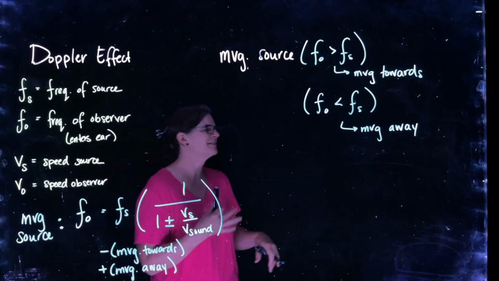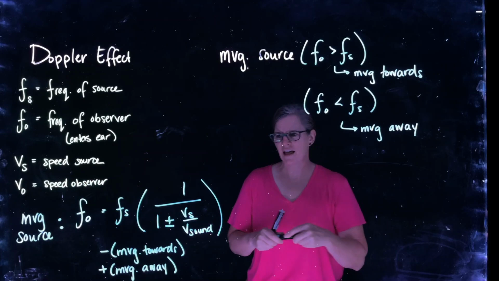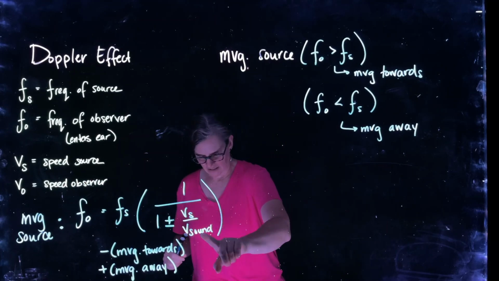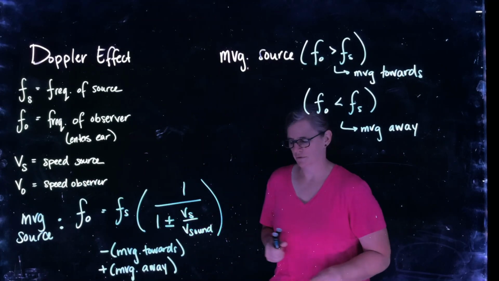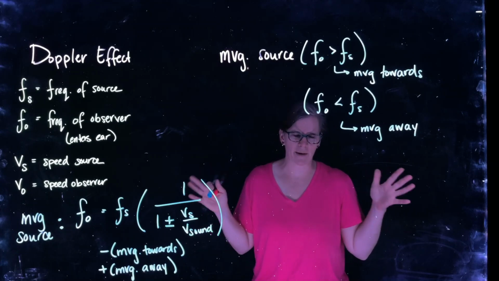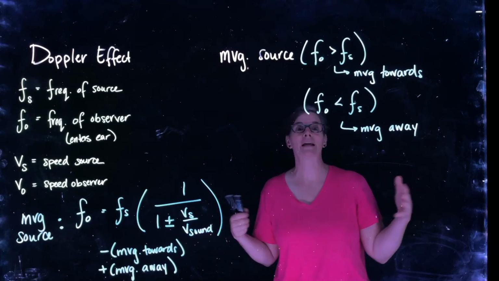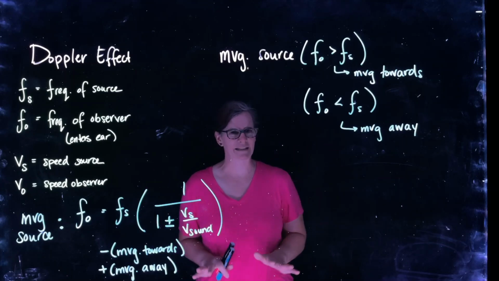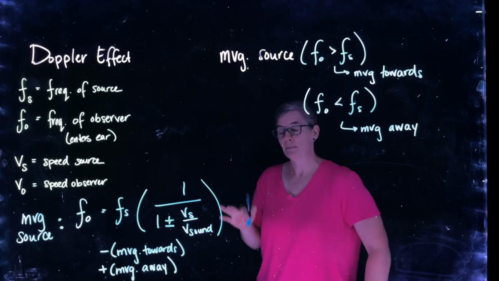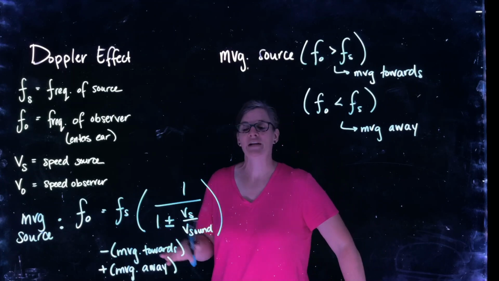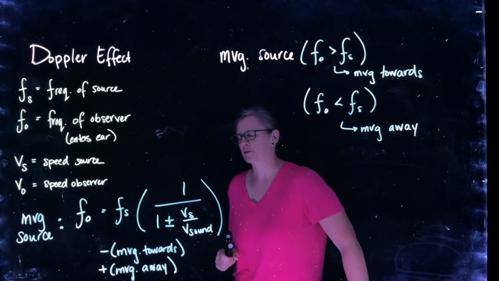All right, the velocity of the source is always going to be less than the velocity of sound. We're going to talk about velocities of objects being less. When it's more, we get a sonic boom. We're not going to relate to that right now, but you can imagine that the source is less than that 343 meters per second.